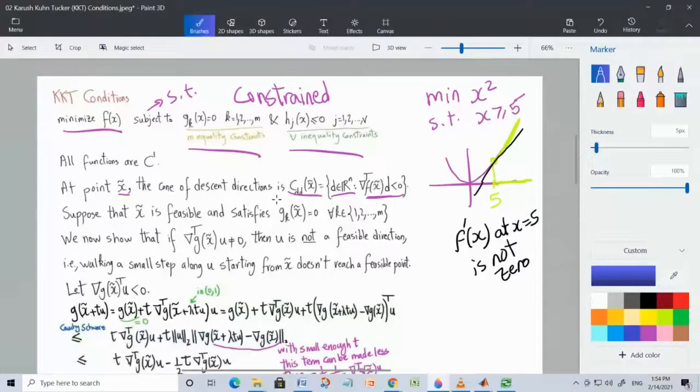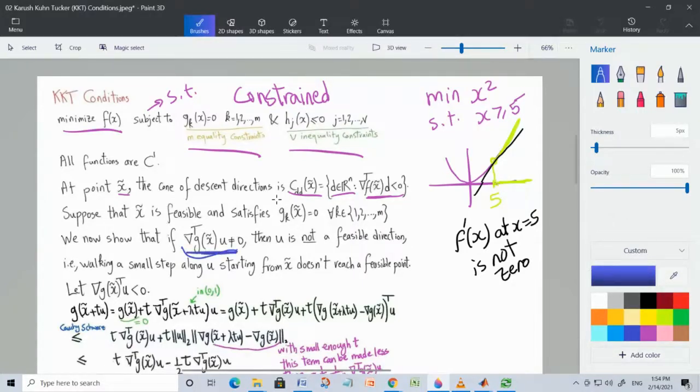Okay, so we will show here something that will be an important idea in solving this optimization problem. I will show that if there is a direction u such that the inner product of u and the gradient at x tilde is not 0, then that direction is not a feasible direction.